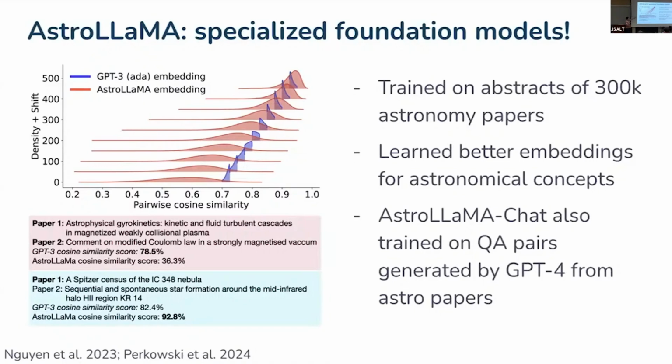This shows the pairwise cosine similarity of two random snippets of text from two random abstracts. For blue, which is GPT-3 embeddings, and for red, the AstroLlama embeddings, the specialized fine-tuned but much smaller model, you're actually seeing greater diversity in the AstroLlama embeddings.